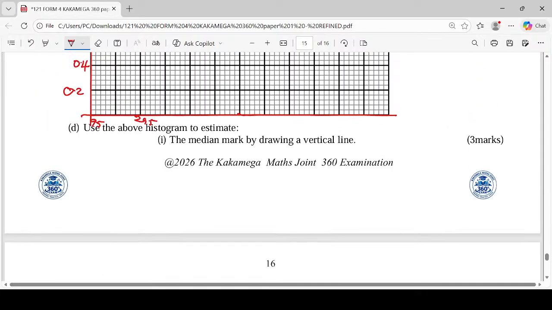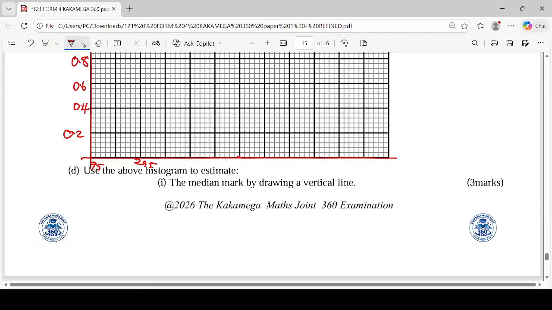Let me go with this as the interval: 29.5, 39.5, 49.5, 59.5, 69.5, 79.5, 89.5, 99.5. So we do.